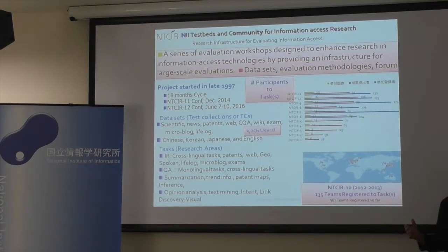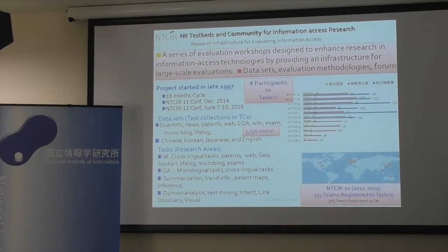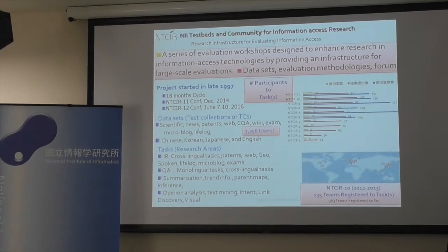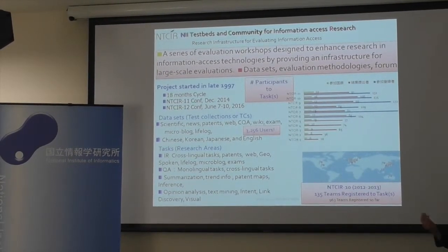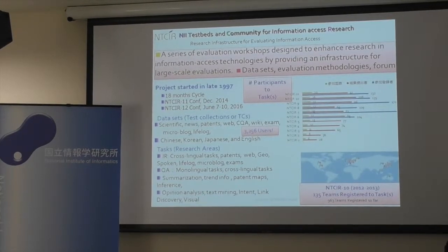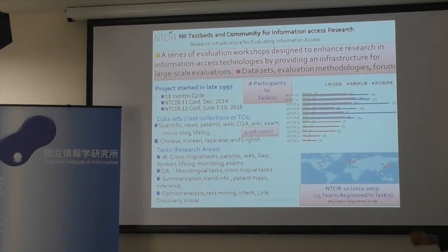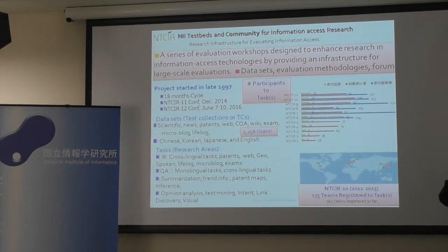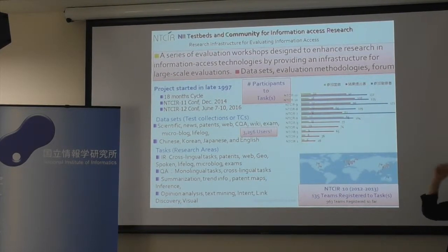The languages are mainly Chinese, Korean, Japanese, and English. The tasks are information retrieval, question answering, summarization, and many other interesting ones. The number of participating groups is generally increasing, and the number of participants and countries is also increasing.